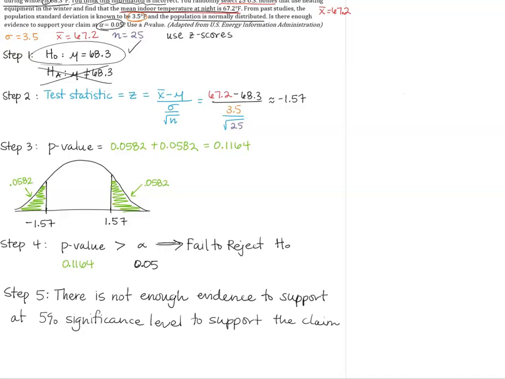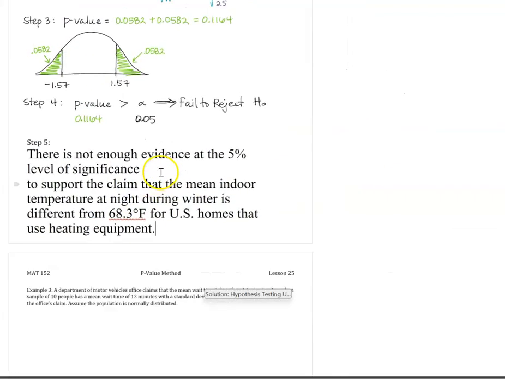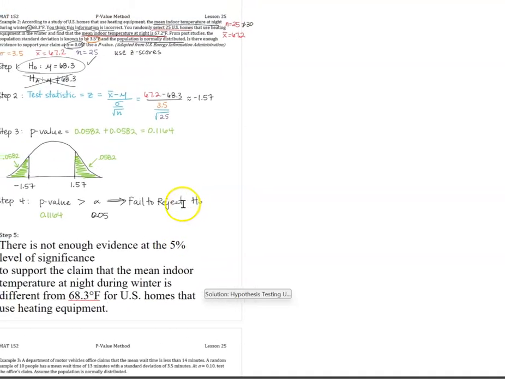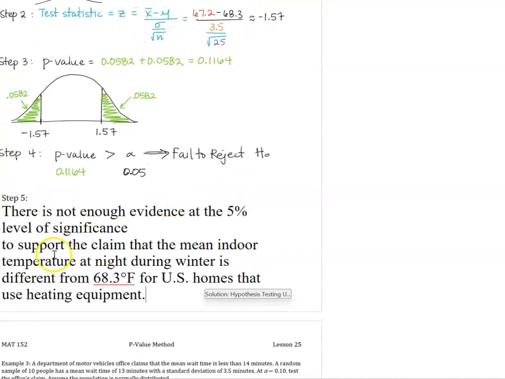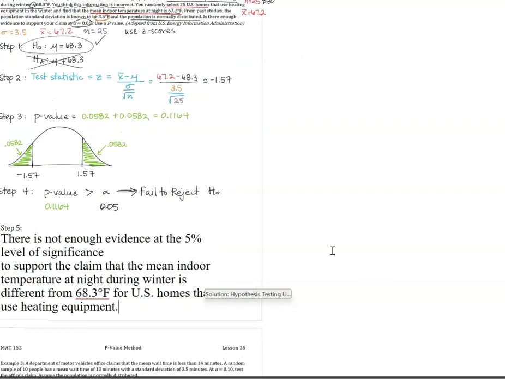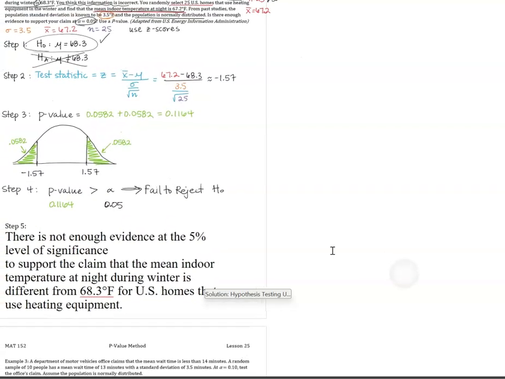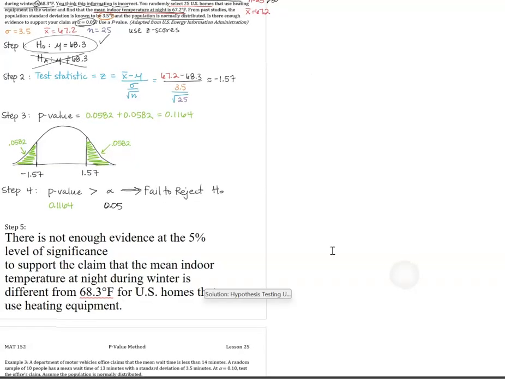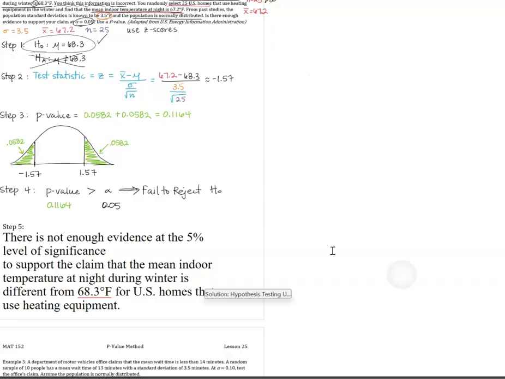There's a lot of context we need to add in there. So I have: there is not enough evidence at the 5% level of significance to support the claim that the mean indoor temperature at night during winter is different from 68.3 degrees Fahrenheit. And notice that that is exactly written in terms of the alternative hypothesis, because the alternative hypothesis says that the mean is different than 68.3.